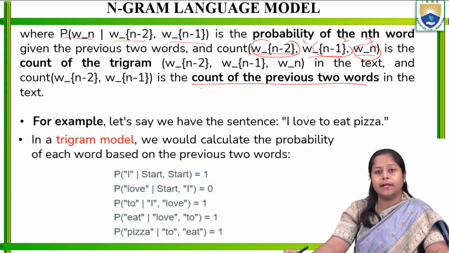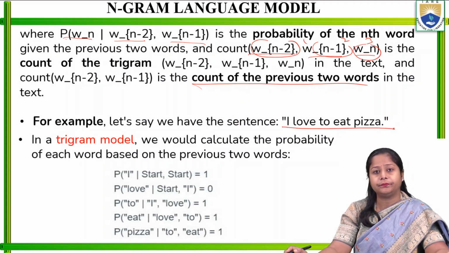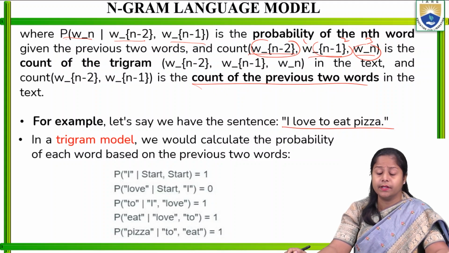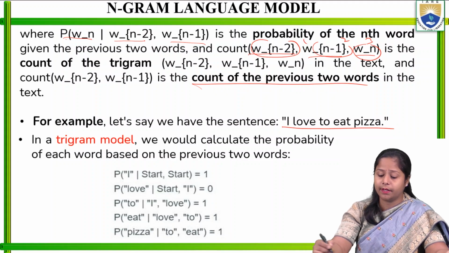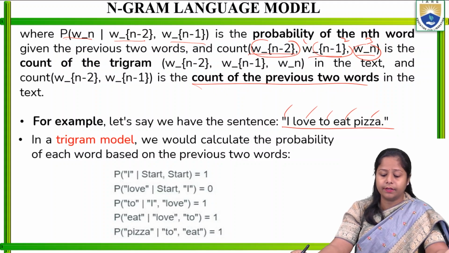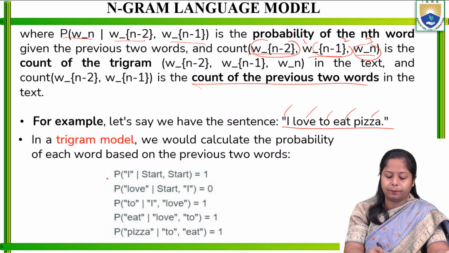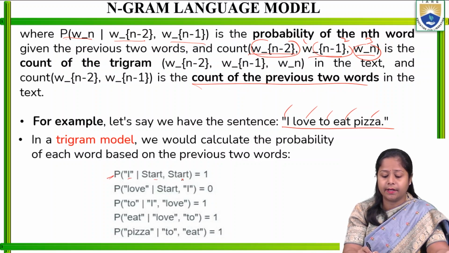For example, let's say we have the sentence, I love to eat pizza. That is one sentence. So how many n-grams are there? 1, 2, 3, 4, 5. Right. So if we are applying a trigram model, we would calculate the probability of each word given the previous 2 words. So let's see how we will get the likelihood. Probability of I given start, comma start: that has occurred only one time.